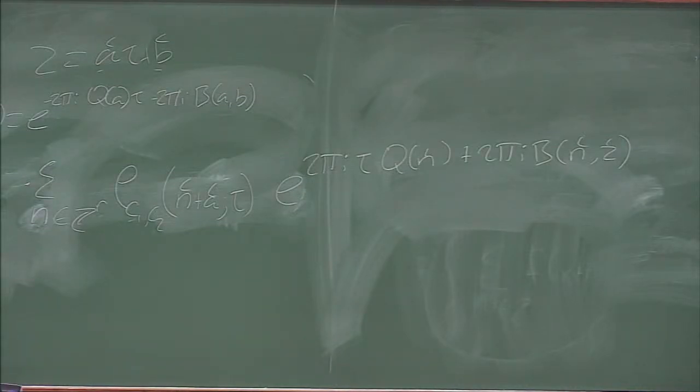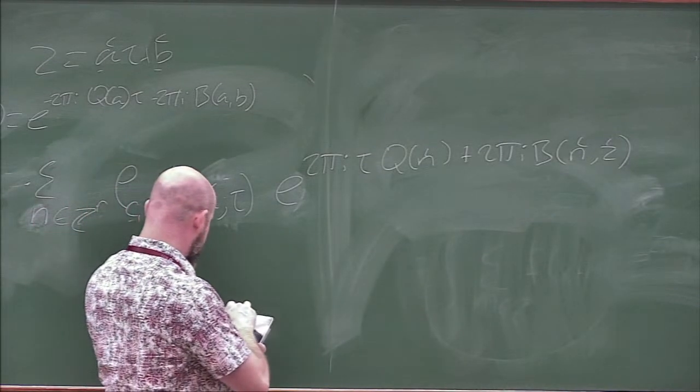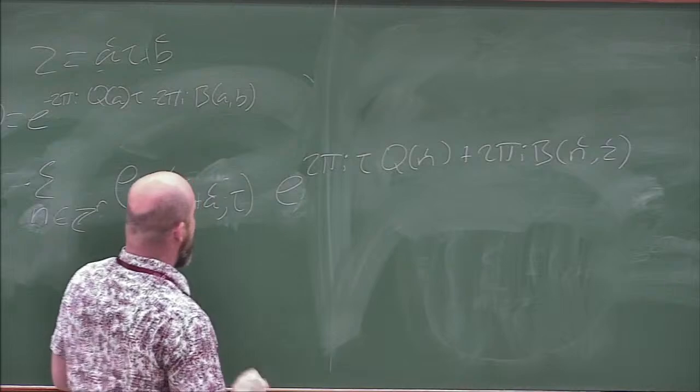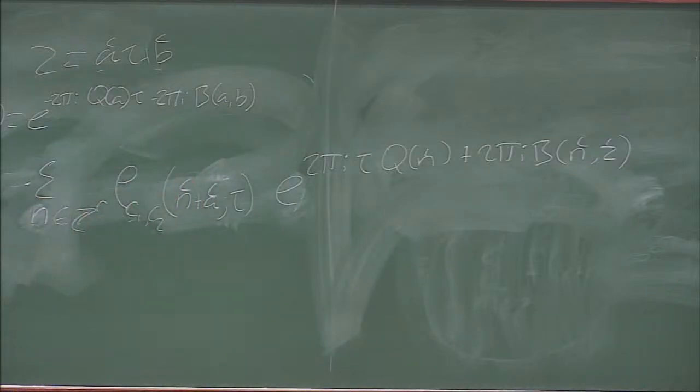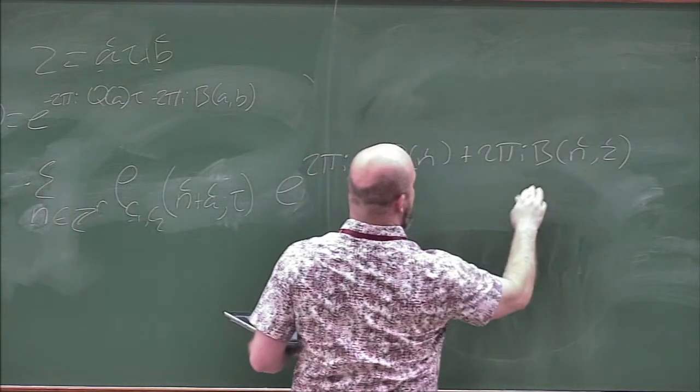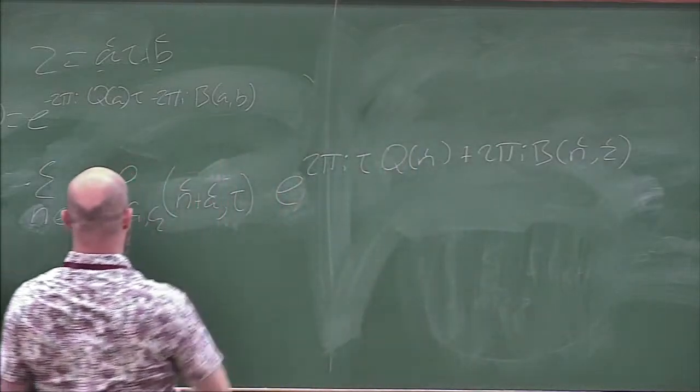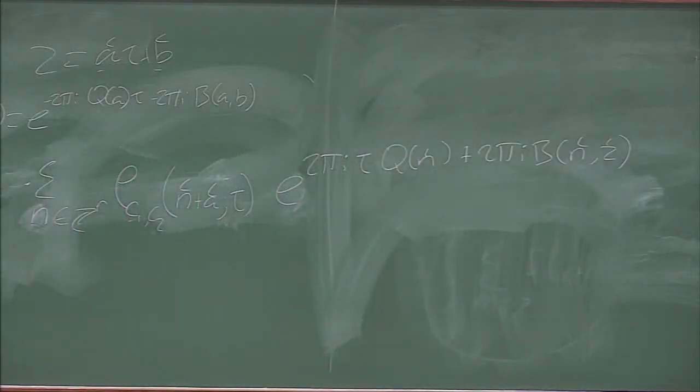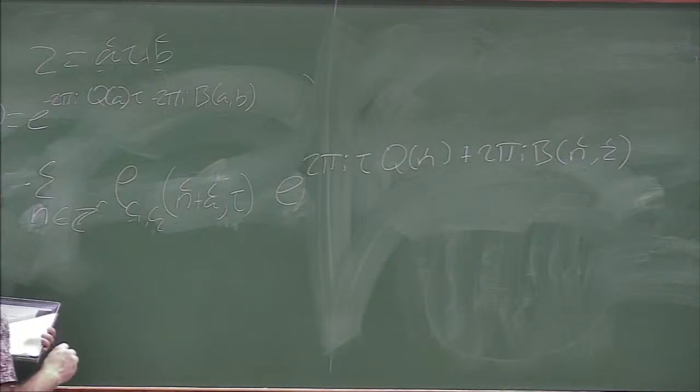I have it right here, because I don't want to leave that with a typo on there. Okay, Zwegers does have that there, so I will leave that then, because that is in his paper. So 2 pi i tau quadratic form plus our bilinear form with this piece that has our elliptic variables here.